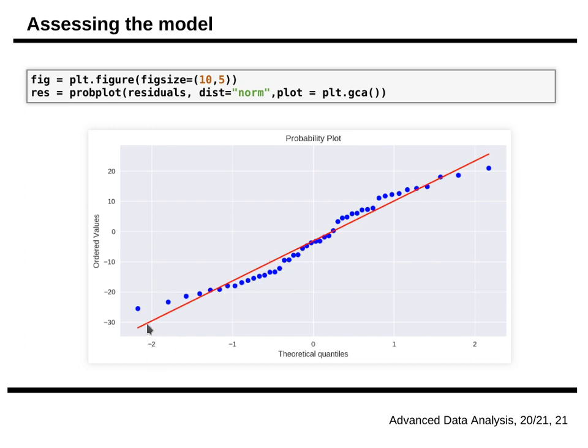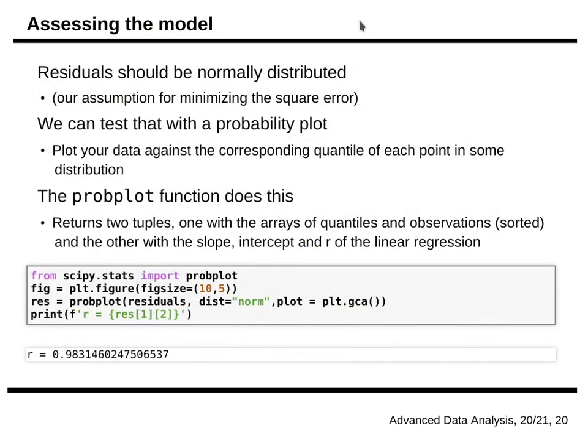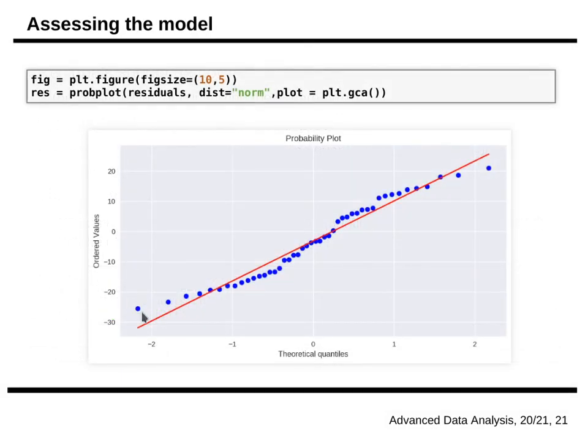If this is exactly in a straight line, then our values are distributed exactly in a normal distribution. We have a slight deviation, especially here at the ends, because the range of our values seems to be a bit shorter than an actual normal distribution would expect. Then we have a bit of a deviation here, but overall, when we plot this, we have an R value of 0.98. So this is a pretty good straight line in this case.